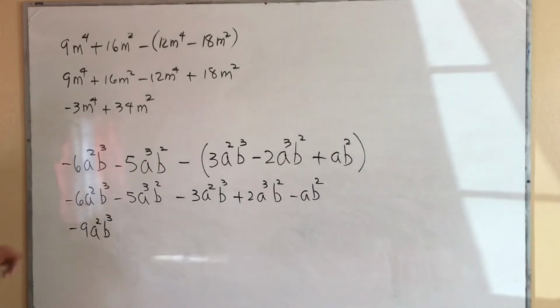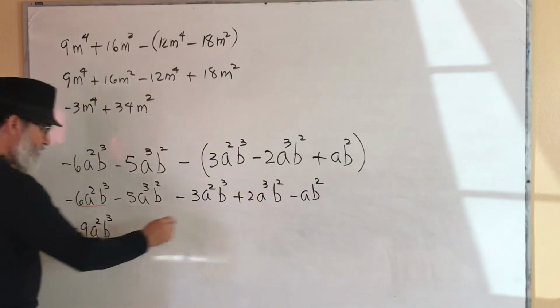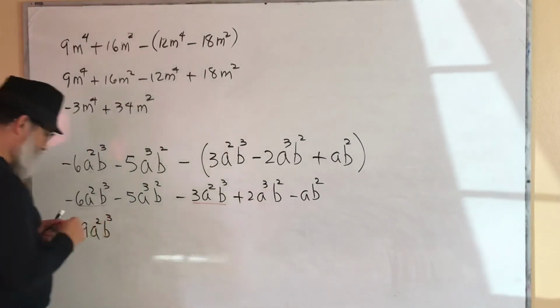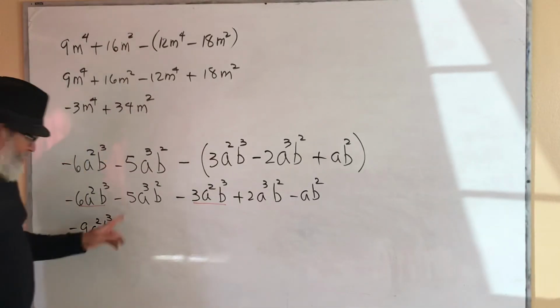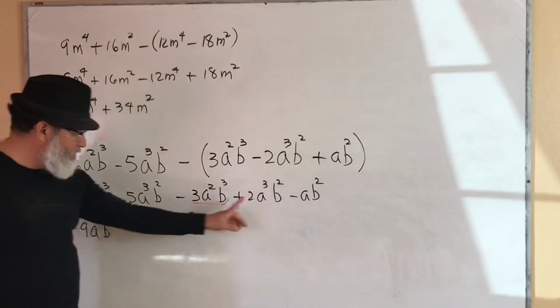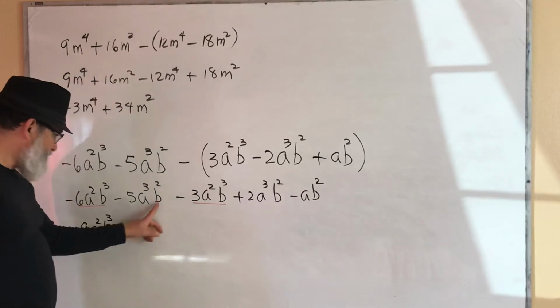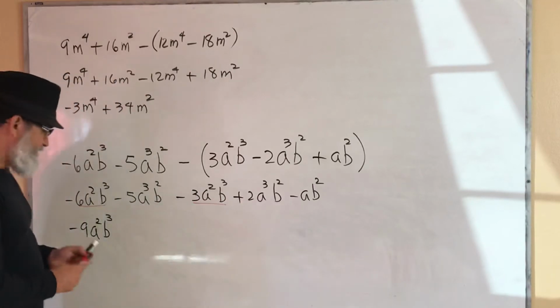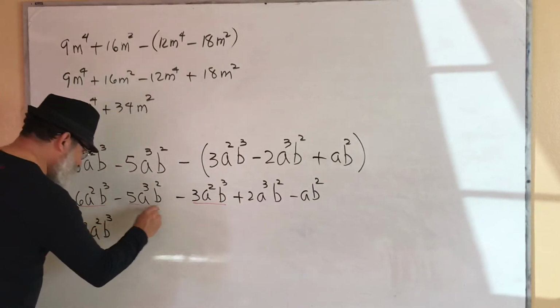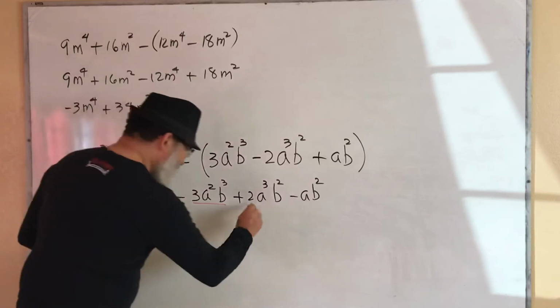So I combine this one and that one. I see a cubed b squared, a cubed b squared. So those two are like terms.